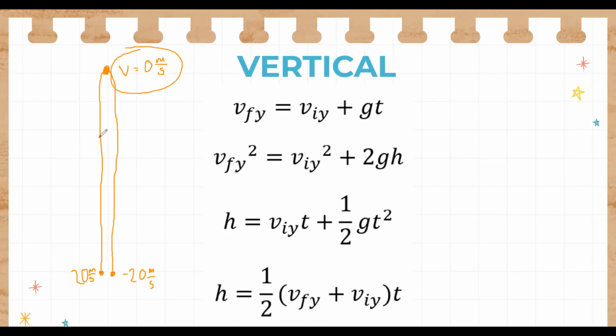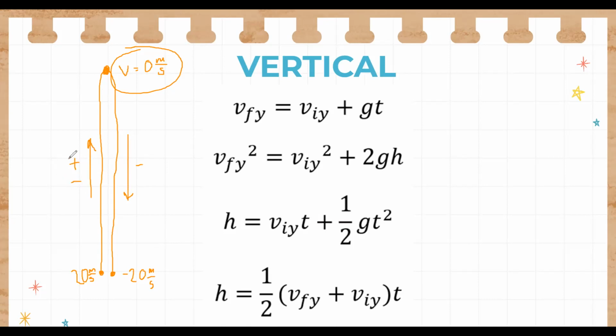Now, another thing that's really important is to remember what we were just talking about, our signs. Our velocity during this pathway is positive. Our velocity in this pathway is negative. Nonetheless, my gravity or my acceleration is always going to be negative. So we can practice a little bit of what we just talked about.